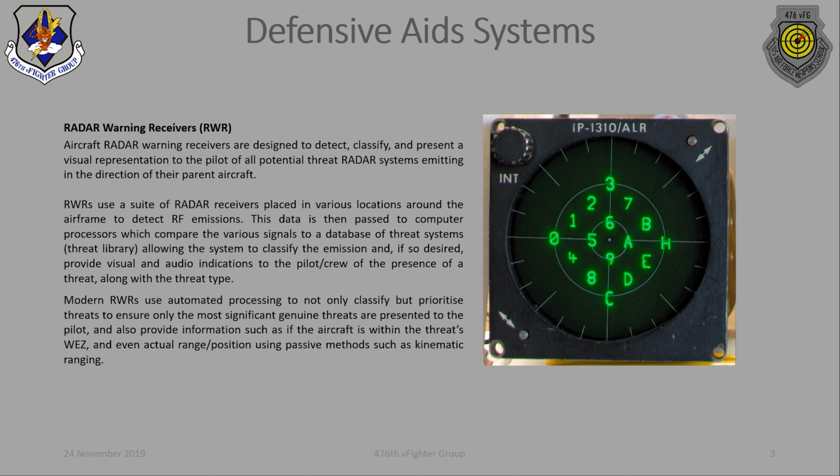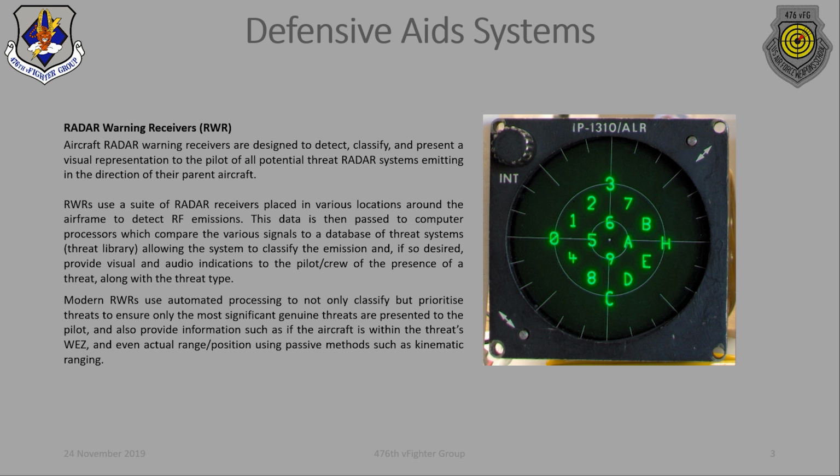So what you'll get is a number of sensors on the outside of the aircraft, passively detecting radio signals, radar emissions coming at the aircraft, and then attempting to classify them and then identify and present them to the pilot as information on some form of display system, normally with at least azimuth indication, however also range and relative altitude as well in a lot of systems, although the latter two aren't really reflected in DCS.